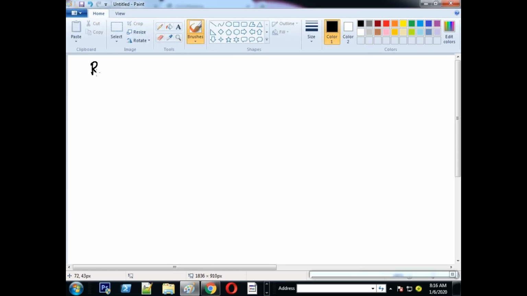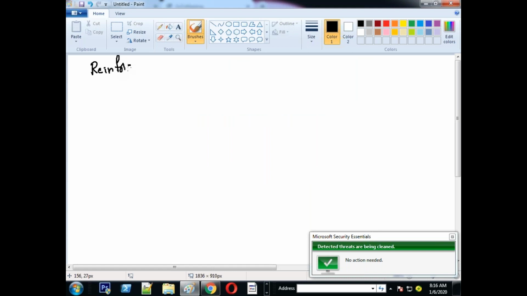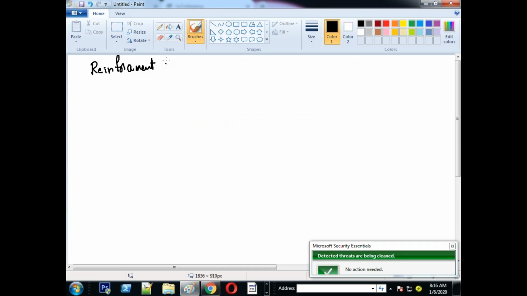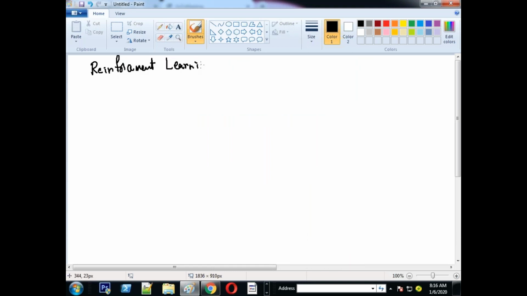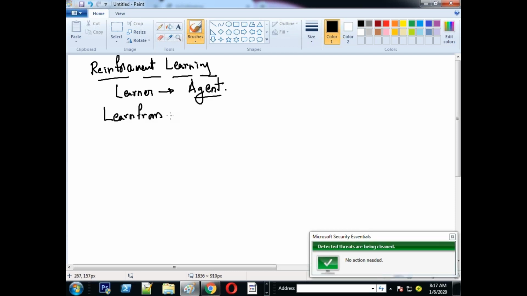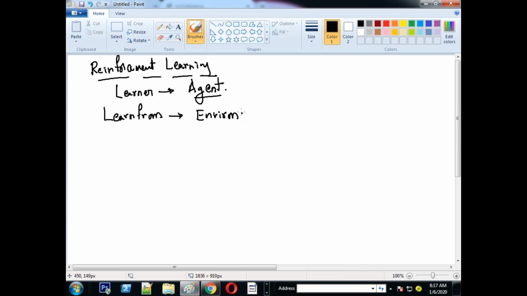All of you put the heading reinforcement learning. Who is the learner here? Learn from environment roots.